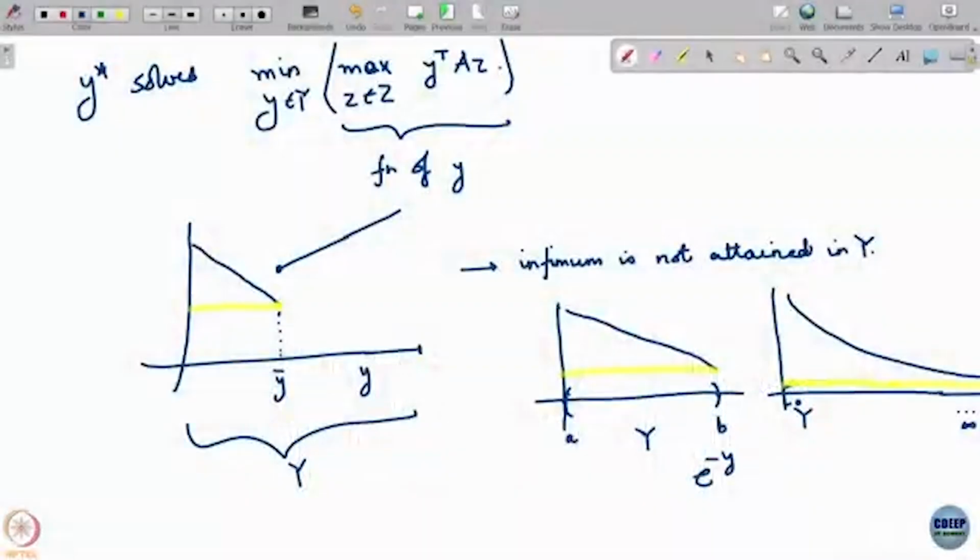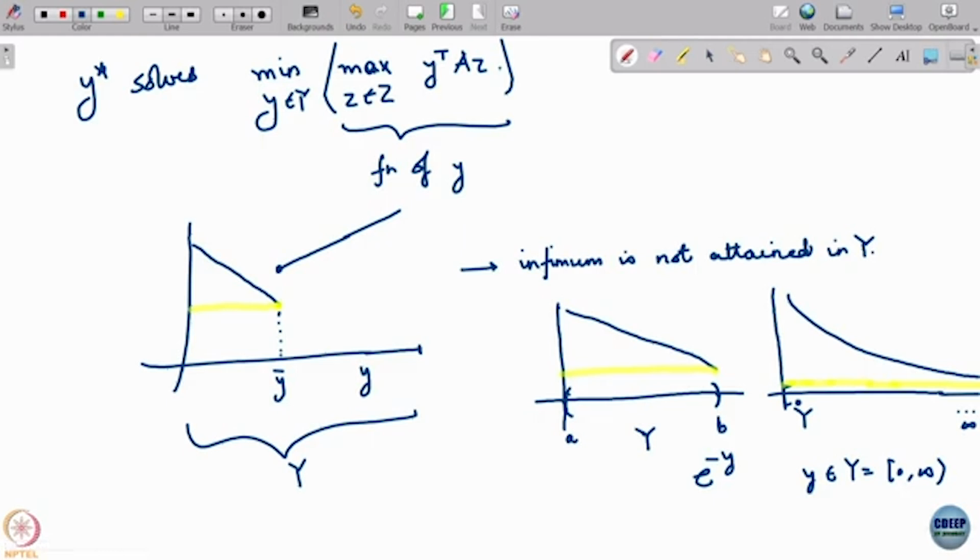There isn't. A classic example of this would be the function e to the minus y, with y in capital Y, which is 0 to infinity. Now, what is the infimum of this function over capital Y?